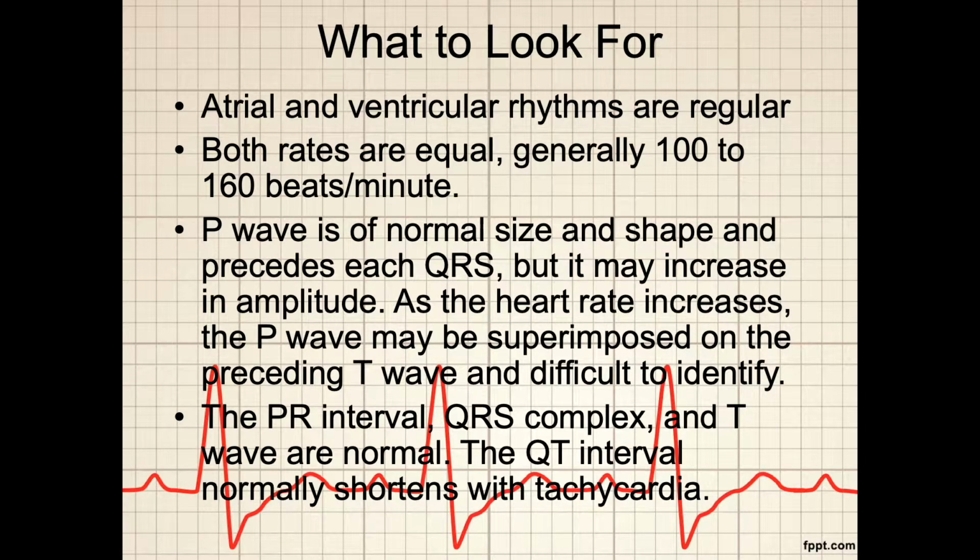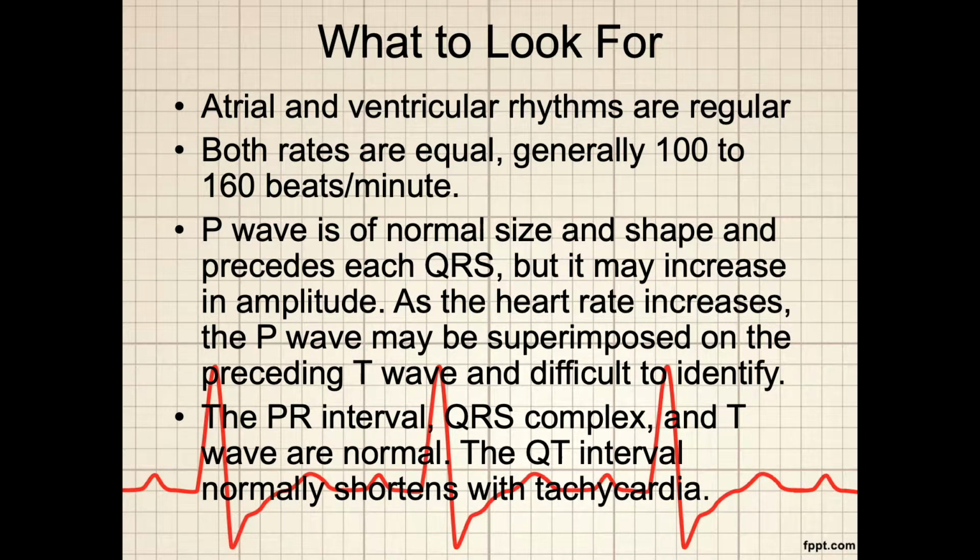That's one of the other reasons that at about 160 beats per minute, it gets a little difficult to truly know if this impulse is coming from the sinus. It may be coming from the atria or somewhere else above the ventricles. This is when we start to call these rhythms supraventricular tachycardias.